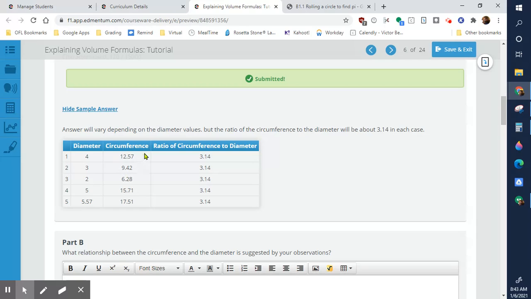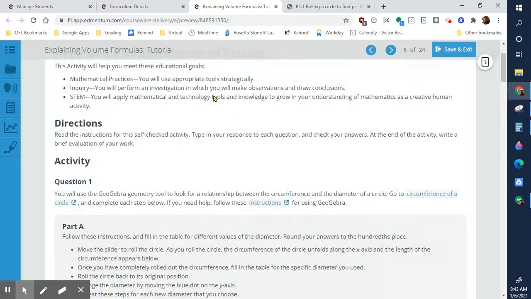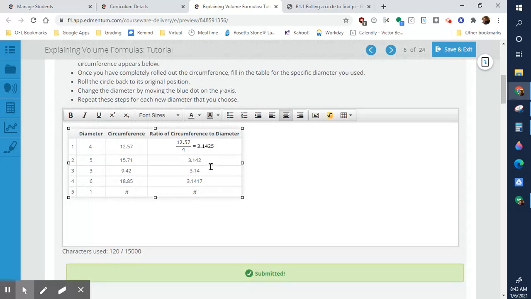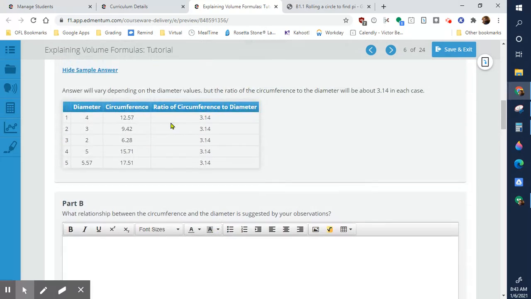They didn't do 1 probably because they knew that GeoGebra was going to spit out 1. But they did it with 2 decimal places. Are we supposed to do it with 2 decimal places? Change the diameter, choose, repeat these steps. And it doesn't tell us to do 2 decimal places, but if it did, we could do that.